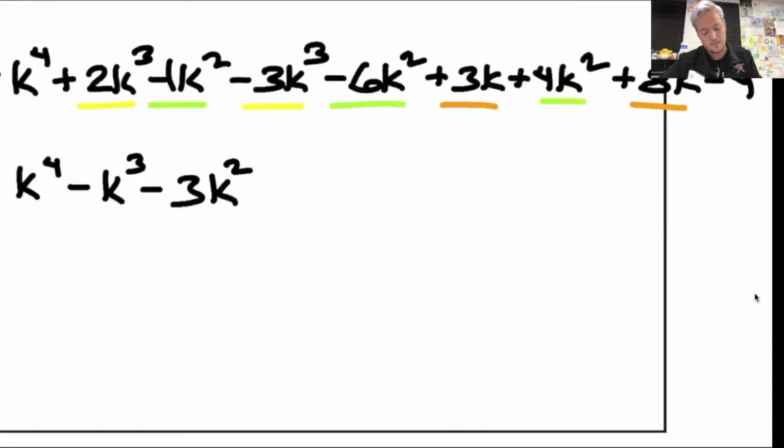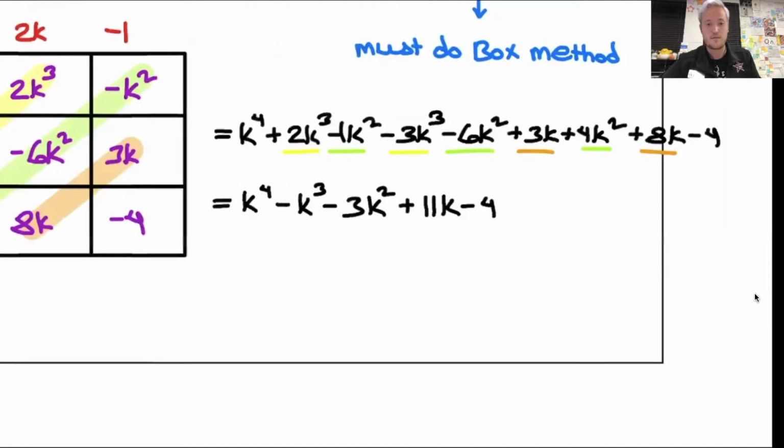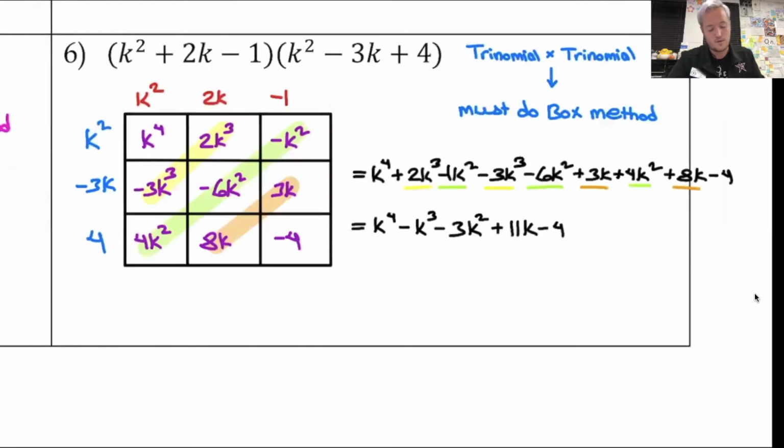And then I'm going to combine my k values, so 3k plus 8k, which gives me 11k, and slap the negative 4 on the very end. So this would be our simplified expression right here. This monster right here. There we go.